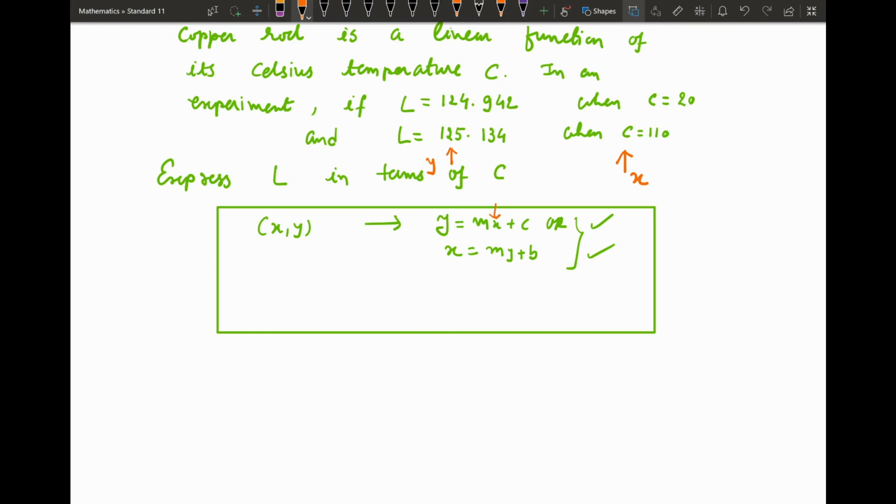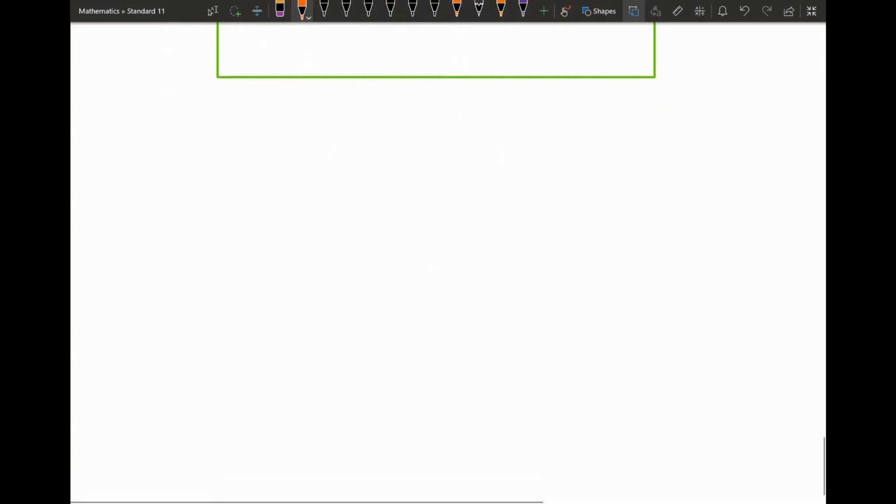The answer may be different, but definitely you will get a linear relation. So we take the coordinates of 2 points, and then we will find the equation of the line that will give the linear relation between L and C.